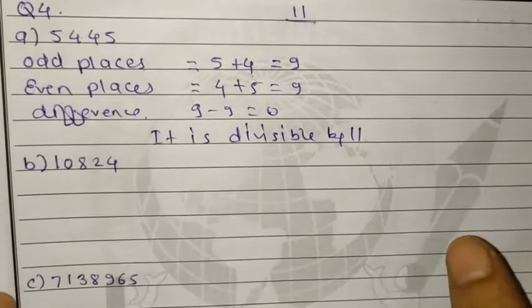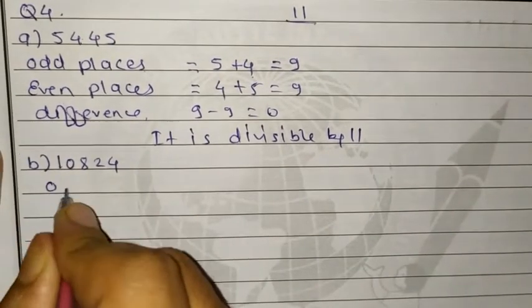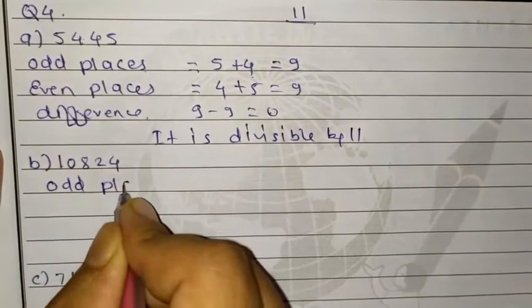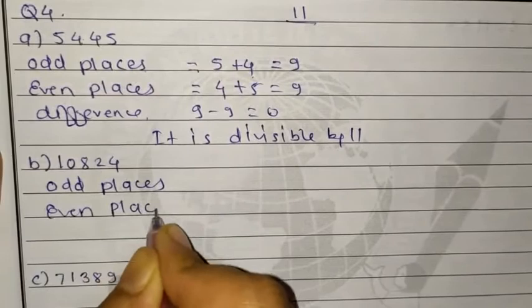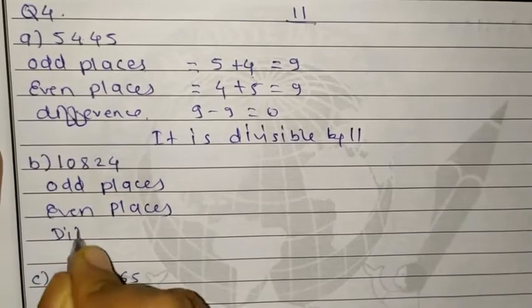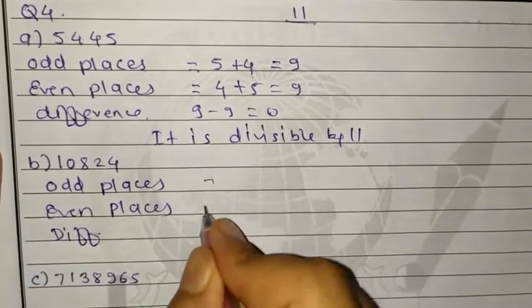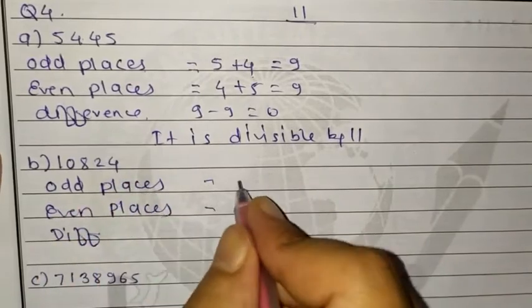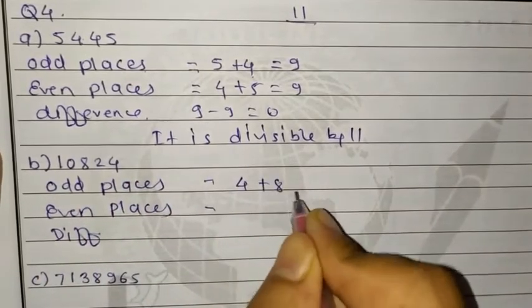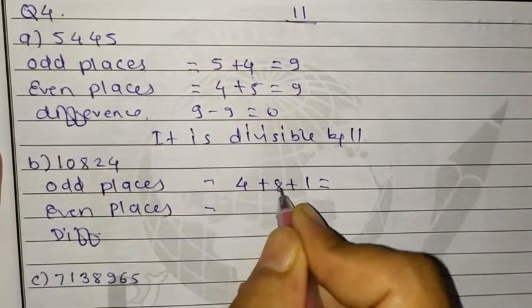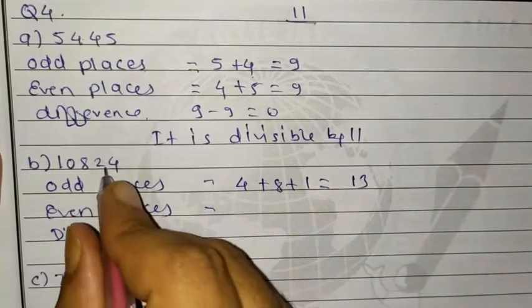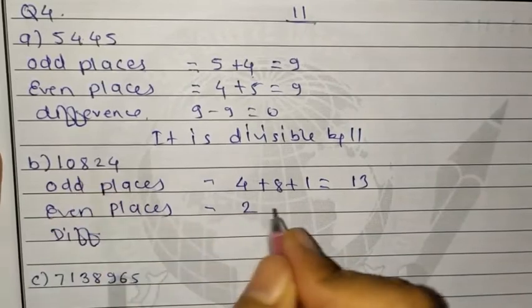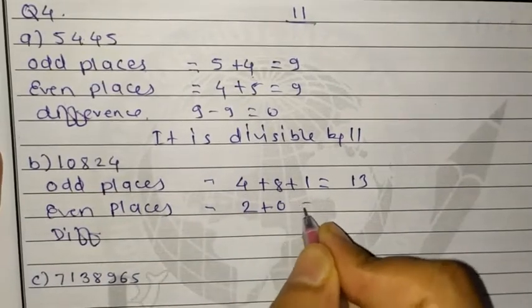Now for the B part, first odd places, then even places, then difference. So odd places sum, you have to do 4 plus 8 plus 1, so 8, 4 is 12 and 1 is 13, and then even places 2 plus 0, so it is 2.